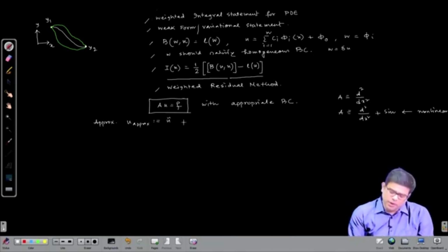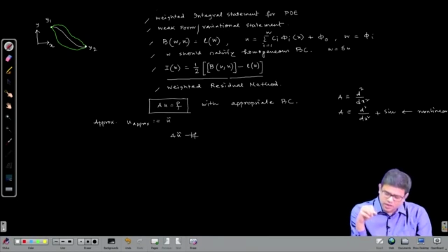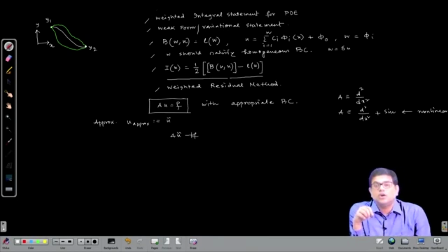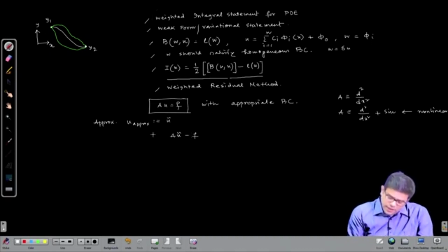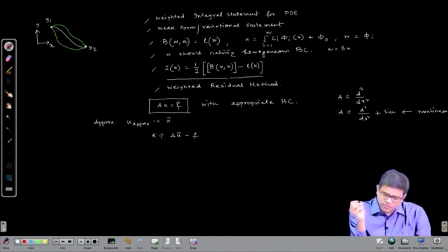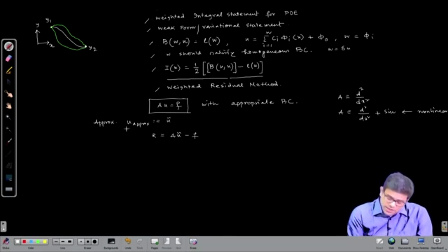If I substitute this approximation into the differential equation, what I get is A of u tilde minus f. This quantity need not be 0. When will it be 0? When u tilde is u exact, then this quantity will be 0. So, we define the residual as this quantity, A u tilde minus f.